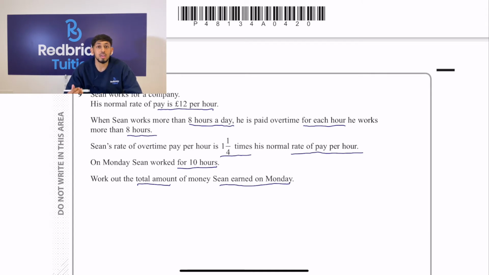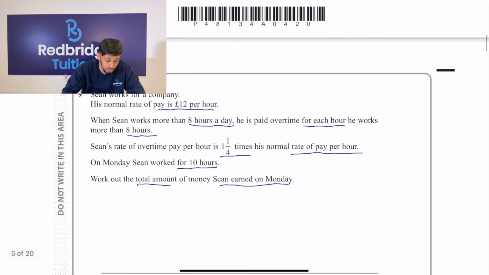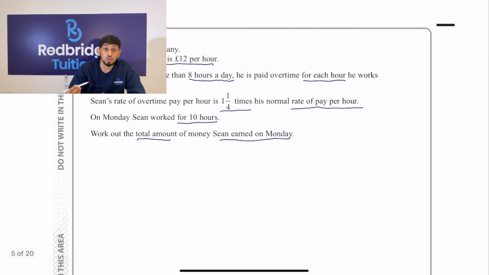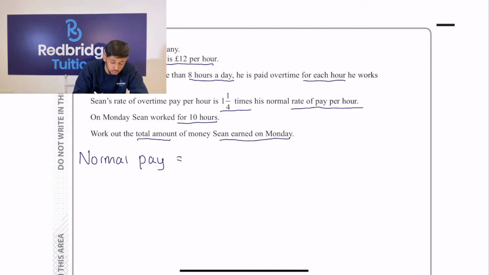So if we look at the key bits of information that we have and note them down, we can say that Sean's usual pay rate is £12 per hour. So we can just write here normal pay is equal to £12 per hour.